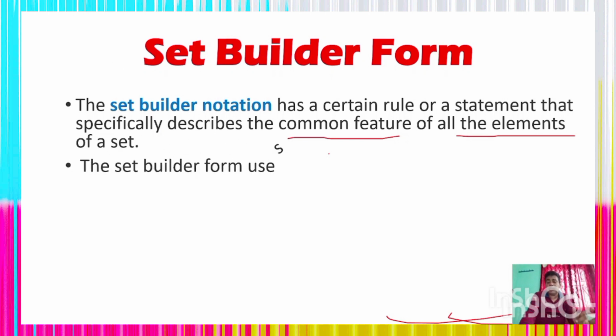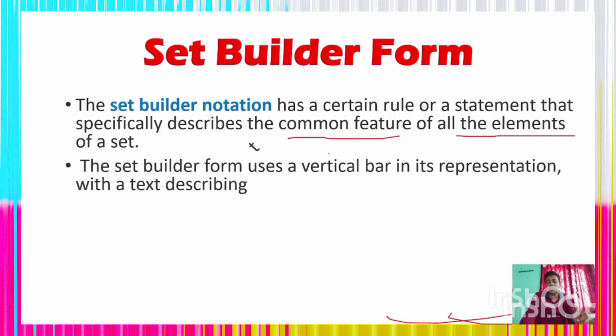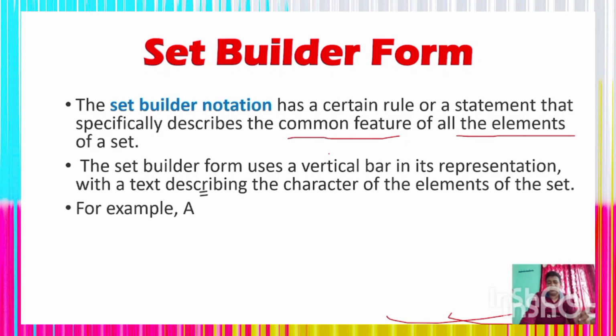The set builder form uses a vertical bar or a semicolon in its representation, with the text describing the characteristics of the elements of the set. For example, the set A is x such that, the vertical bar symbol is read as such that, x is an even number, x is less than or equal to 20.